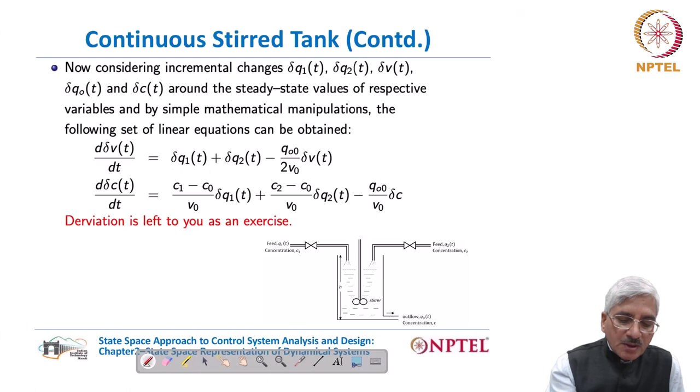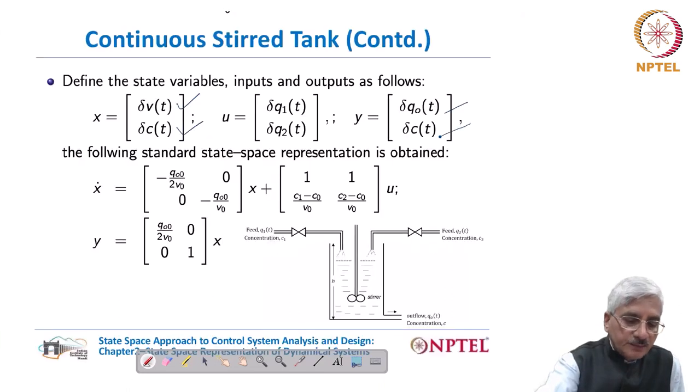These are the inputs. However, this is the state delta Vt, and the quantity which is multiplying the state, or the coefficient, is this. So this goes in the A matrix. So it is here, QO0 by 2V0, and it is not multiplying the other state, so 0.